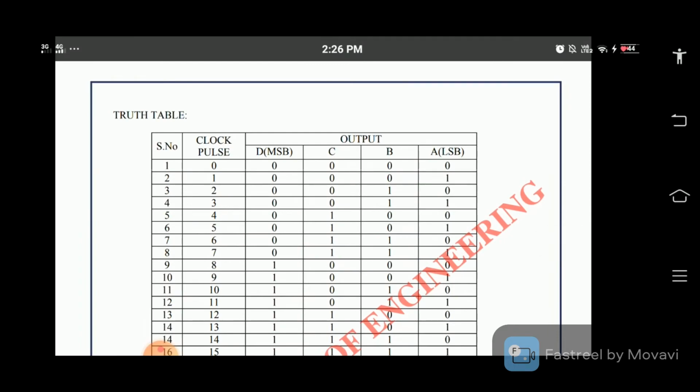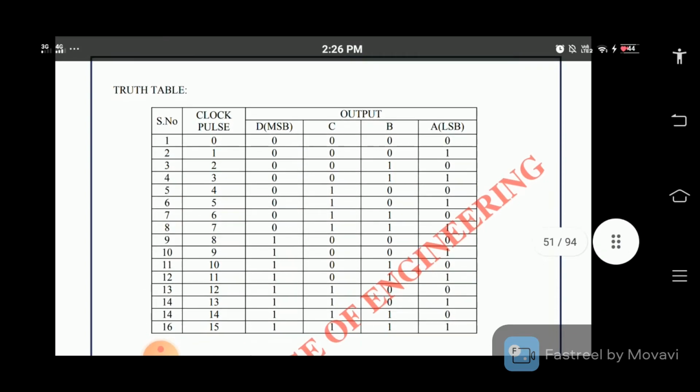So for each clock pulse we need to get the output as per our truth table, which is shown in this lab manual. For the first clock pulse, that is 0-1, we don't have any output in our respective LEDs, and it won't glow. When we give the first clock pulse, your LSB A will glow.